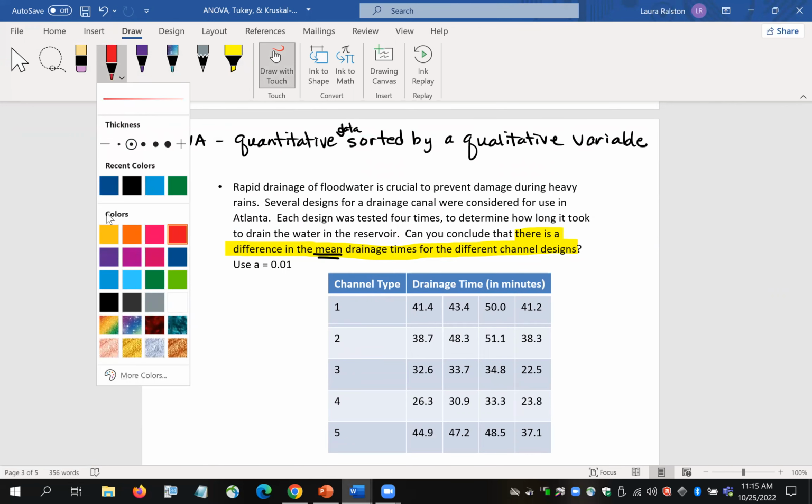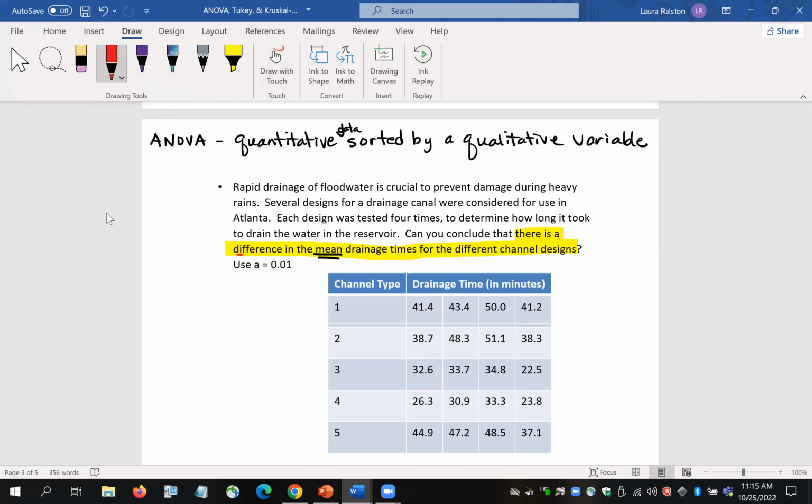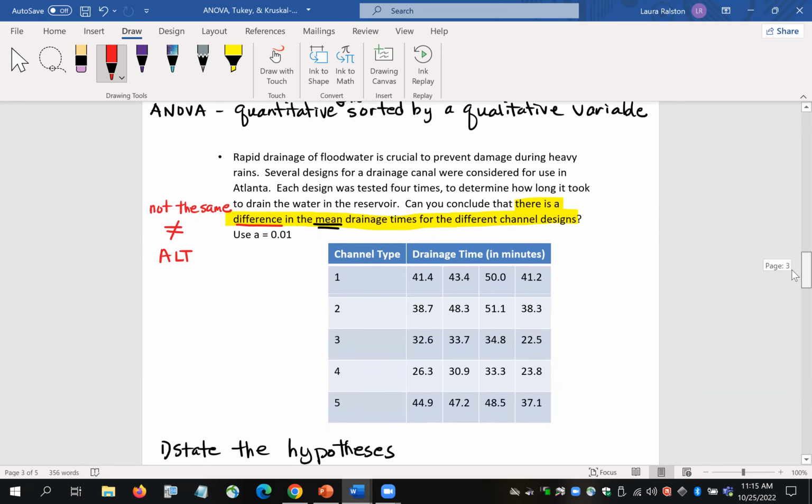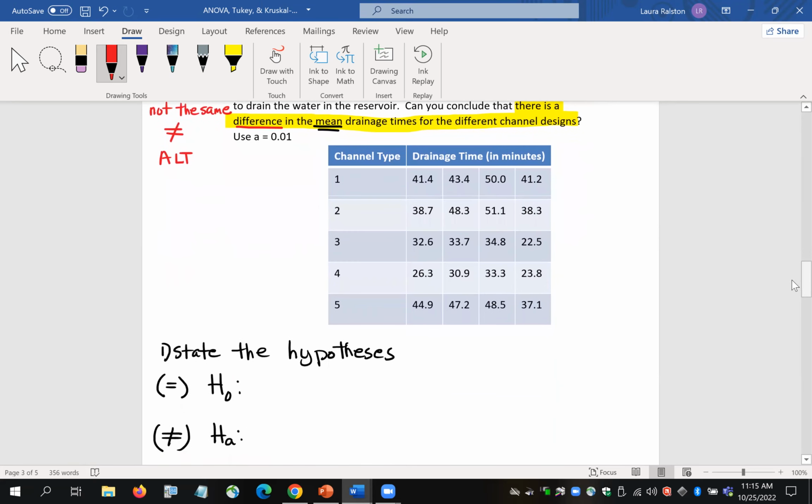Again, I hope the word difference helps you to realize that it means or implies they're not the same. And mathematically, that would be represented by the symbol not equal, which means that statement is the alternative. And honestly, we could use that statement as our alternative hypothesis.